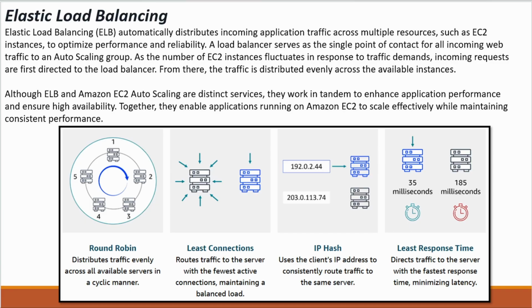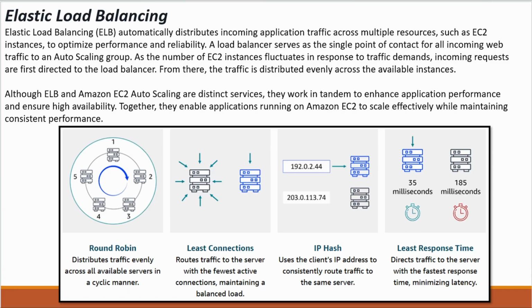To optimize traffic distribution, ELB uses several routing methods like round robin, least connections, IP hash, and least response time. These routing strategies work together for efficient traffic management and optimal application performance. Round robin distributes traffic evenly across all the servers in a cyclic manner.